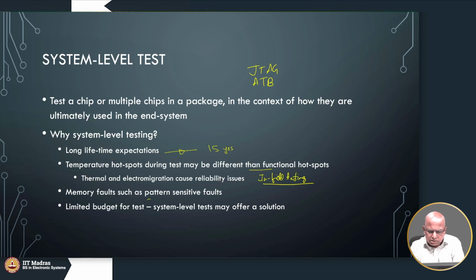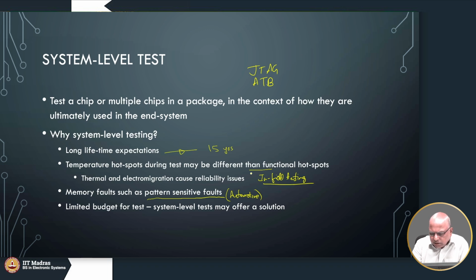Then I think nowadays these pattern sensitive faults are coming back, mainly because of automotive, etc. At one time when memory tests were introduced, there were a lot of papers published on these pattern sensitive faults. But after some time, they all fizzled out because people said these are very unlikely to occur, so you are unnecessarily creating all this pattern sensitive fault testing.